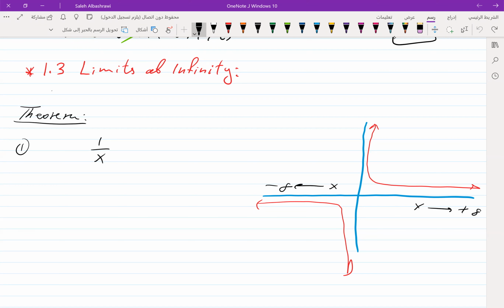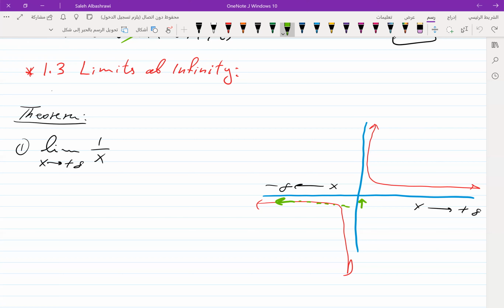For this function, the limit when x goes to plus infinity, you can see as we move in this direction, the function will go to 0.